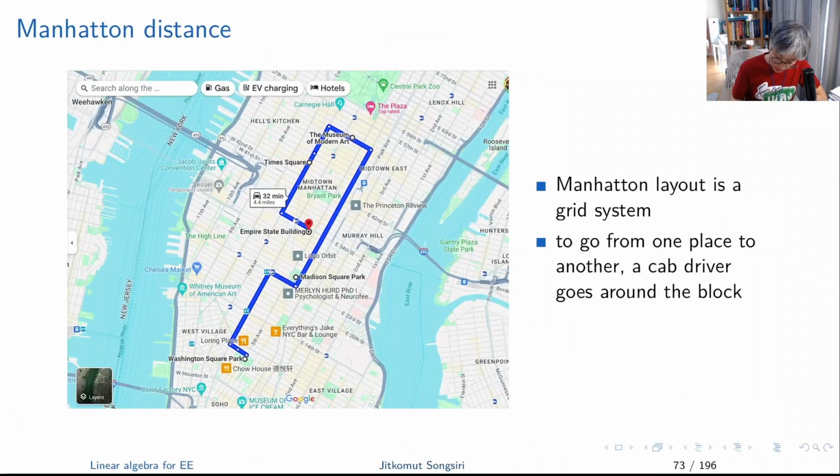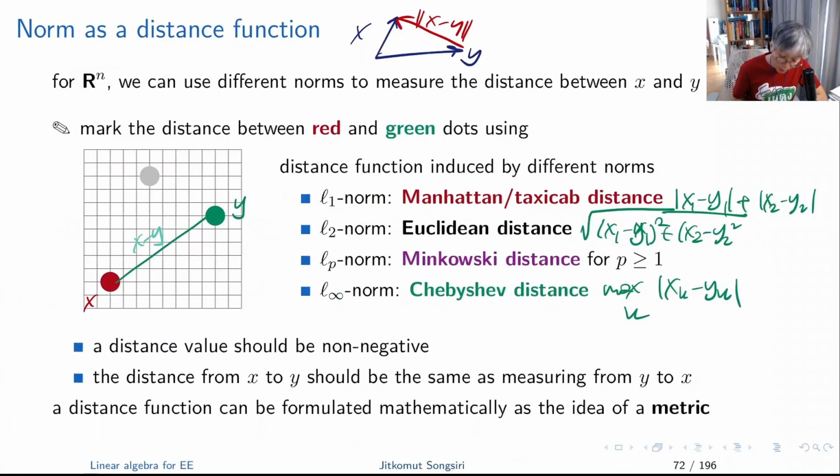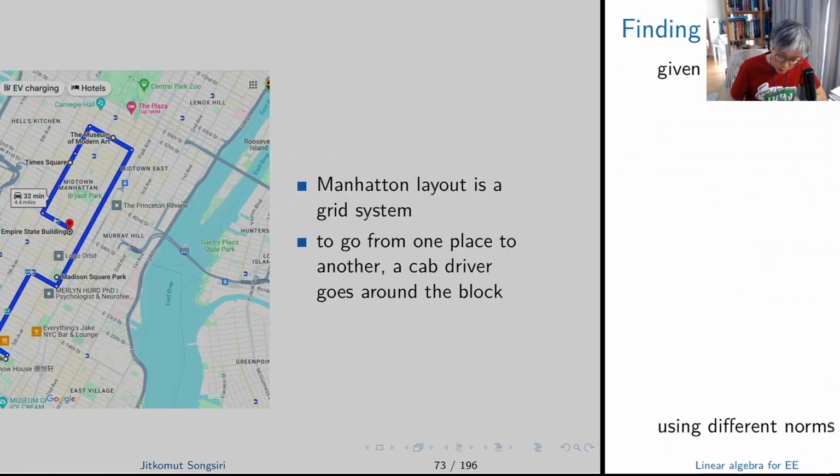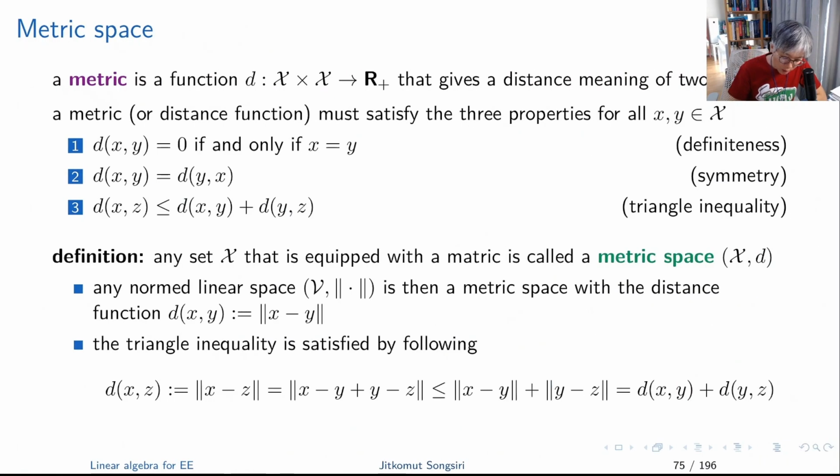Now let's continue. As I mentioned earlier, when you use the concept of distance to measure how far one point is from another point, this can be visualized in the concept of a metric space. Again, a metric is a mapping from the Cartesian product space, vector space x cross vector space x, to a non-negative real number.